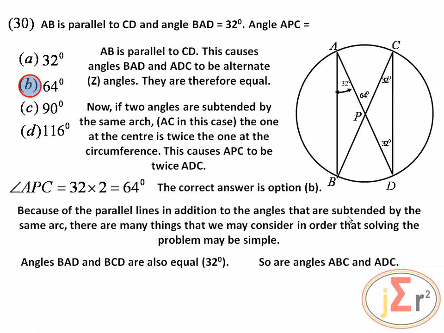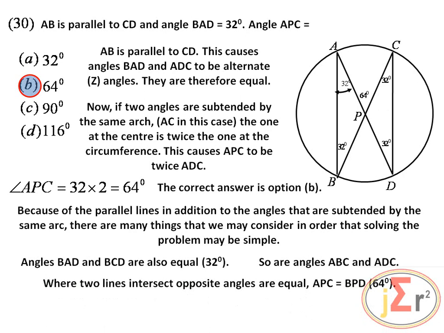So are angles ABC and ADC. This is the arc that subtends the two angles ABC and ADC, or we may say that they are angles in the same segment. So they are equal, 32 degrees also.